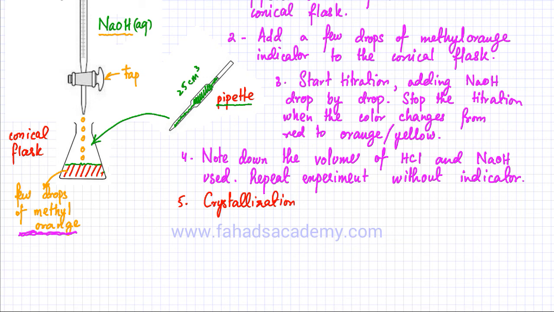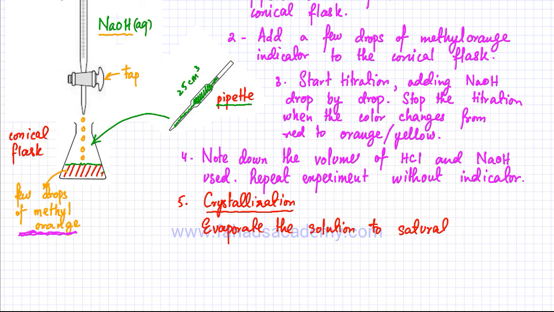You're going to describe crystallization in detail in the last step, and that is that you evaporate the solution to saturation point. And once that has happened, you're going to cool slowly or cool gradually.